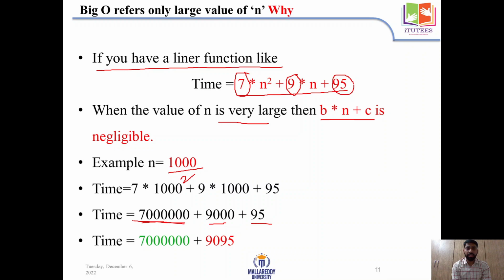Here you compare this. 7 lakh compared with 9095. When comparing these, we are going to consider only the 7 lakh. That's why big O refers only to large values of n. I hope you all understand. So that is big O notation. How are we going to measure the time complexity? Based on big O notation.